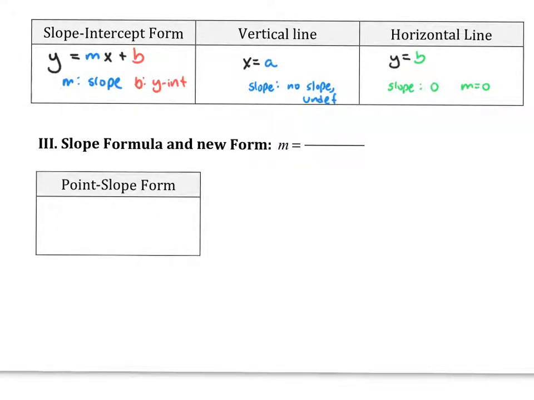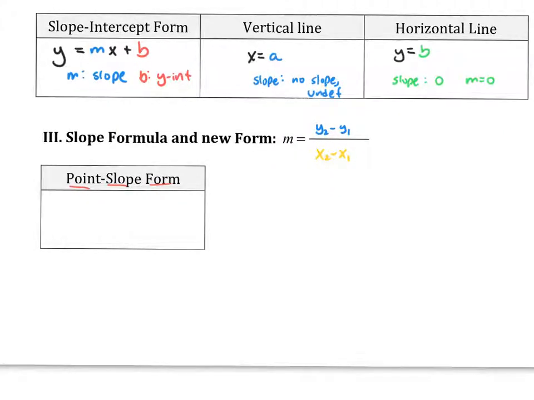The new form, of course, is called point-slope form, and we'll unpack that in just a second. We're going to actually take Seth's method here and try to move things around. So let's first off look at y2 minus y1, what slope is, and x2 minus x1. Okay, first thing.